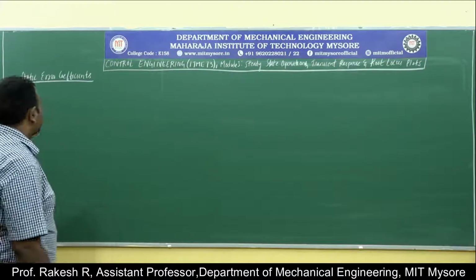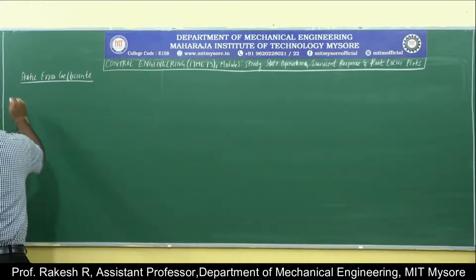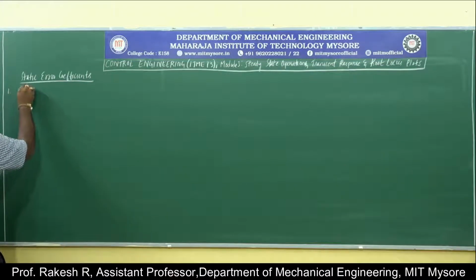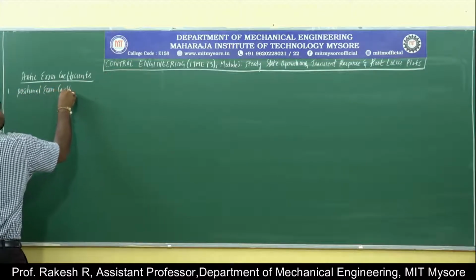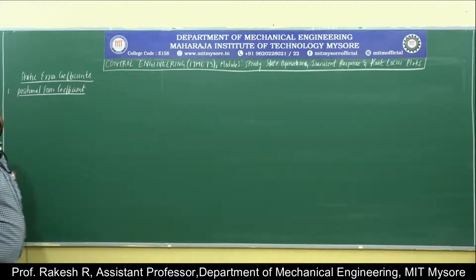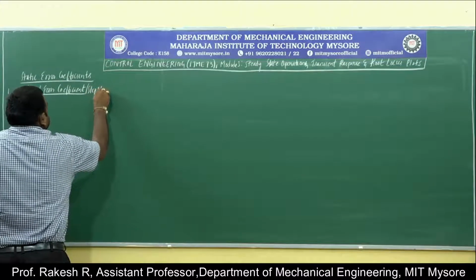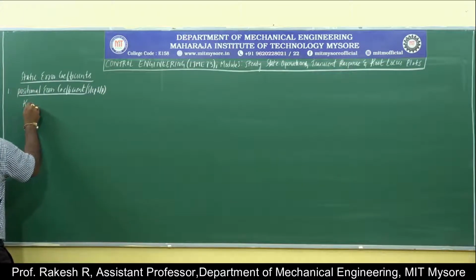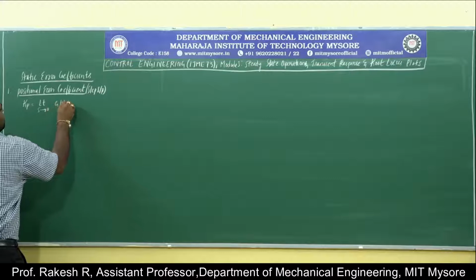These are also called proportionality constants for different types of input. The first one is the positional error coefficient, which we get for a step input. The positional error coefficient is defined as Kp equal to limit of s tends to 0 of g of s into h of s.